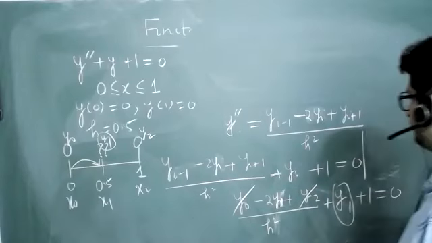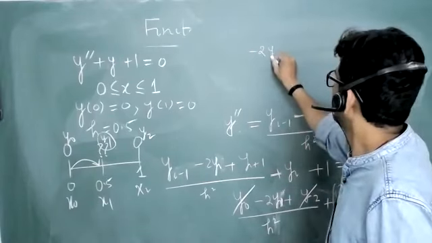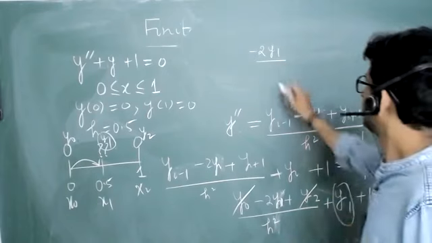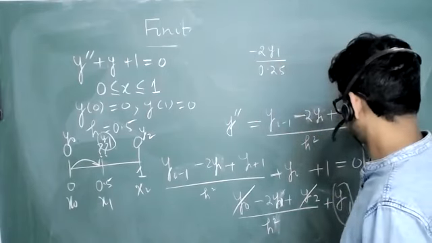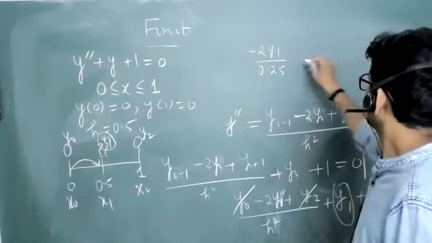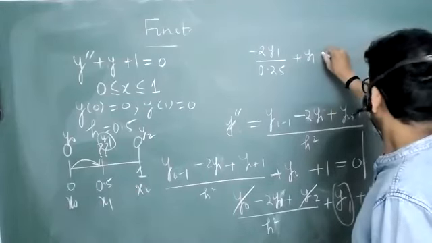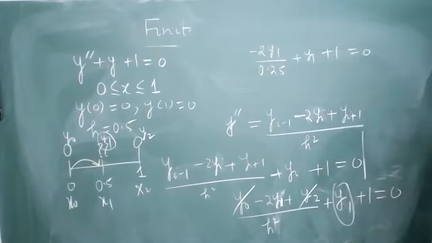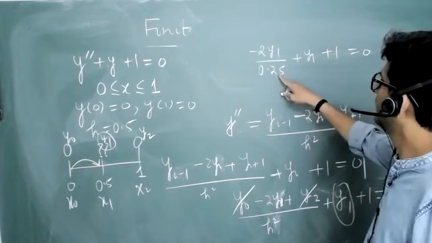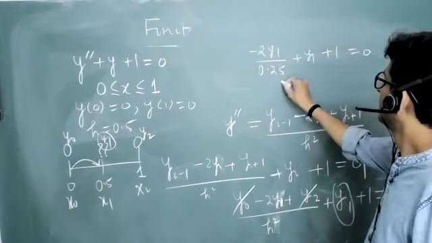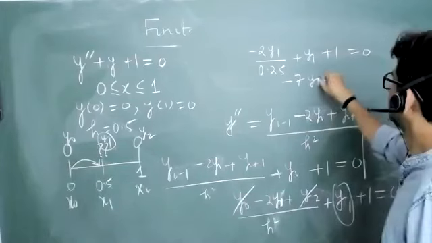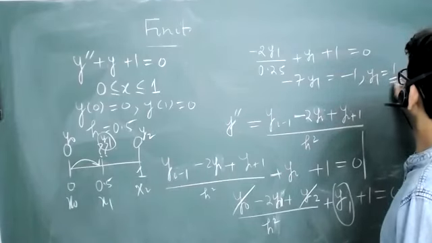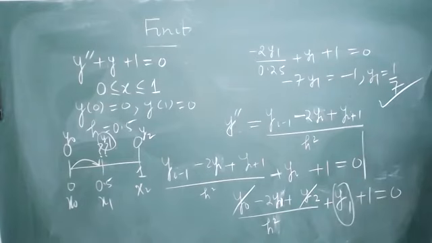What value comes? Minus 2y1 upon h square, 0.25, plus y1 plus 1 is equal to 0. So I can write this as 1/4, right? Yes, sir. So minus 7y1 is equal to minus 1, so y1 is equal to 1/7. This is the correct answer.